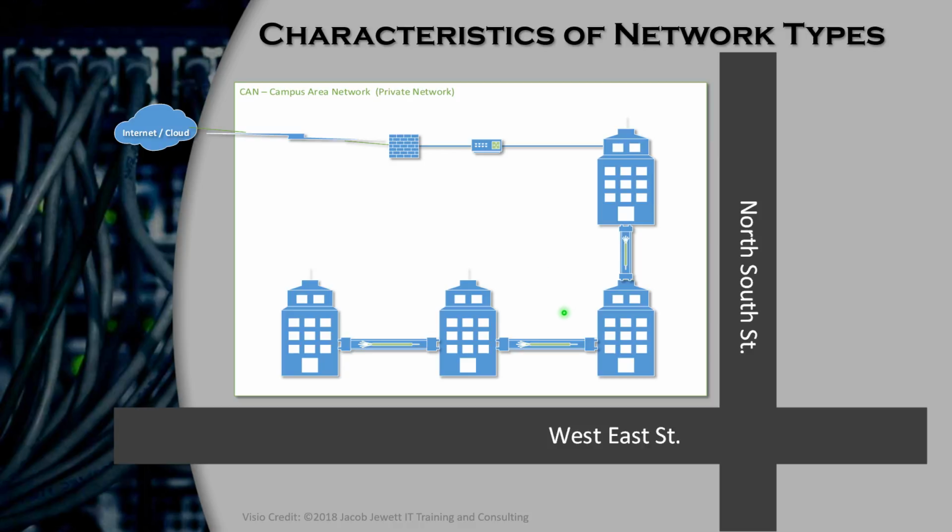This would be considered a campus or a corporate network, and it can span multiple buildings within one geographical location. So if you put your finger on a map and your finger ended up at a cross street, that would be one geographical location, and that's where a CAN would exist.